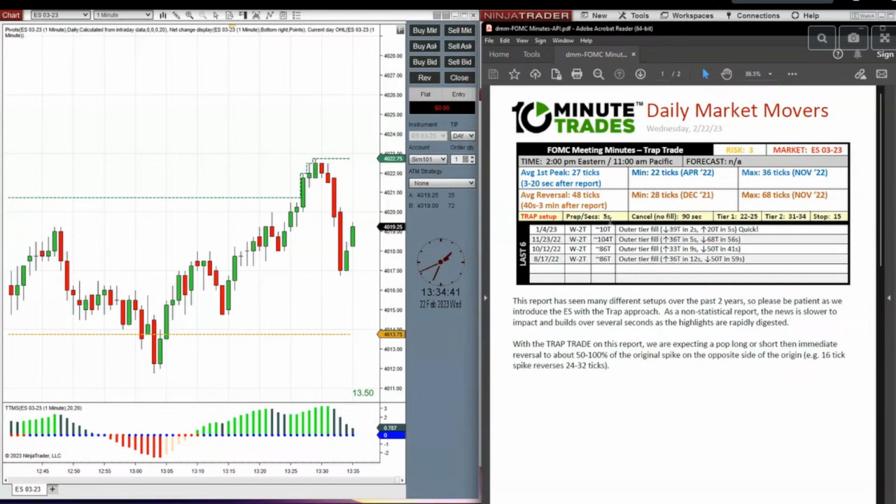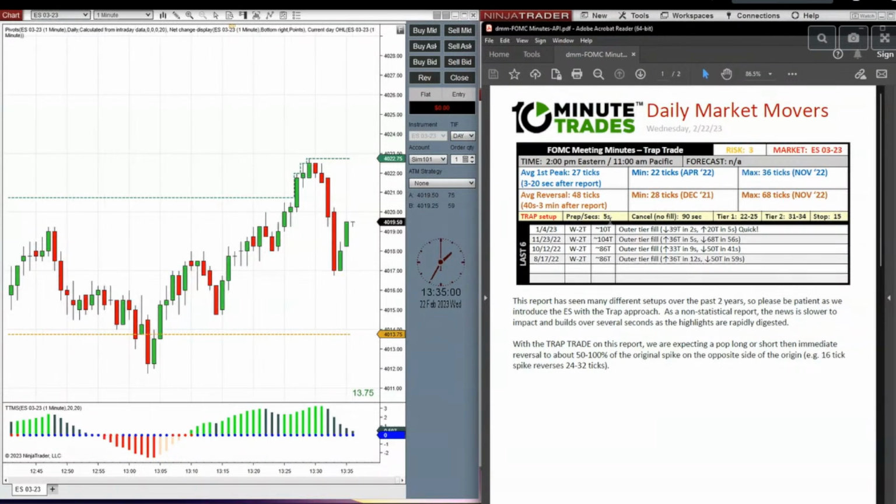Getting filled early makes things much more random. And we don't like random. We like tested, tested and tried. We don't generally trade random. That's not what we do. Random is more discretionary, right? We're trading based on testing of previous events and how they moved.